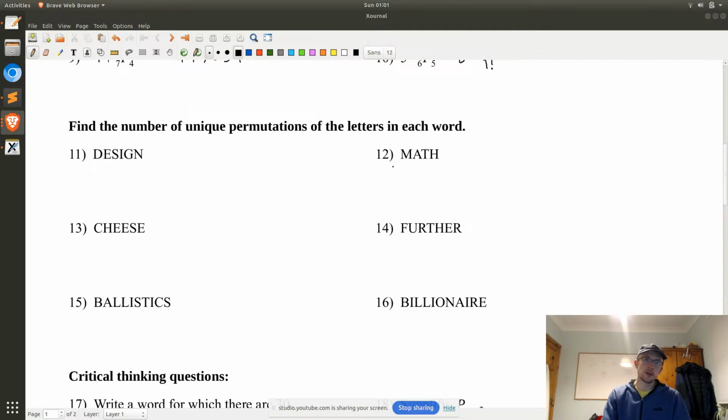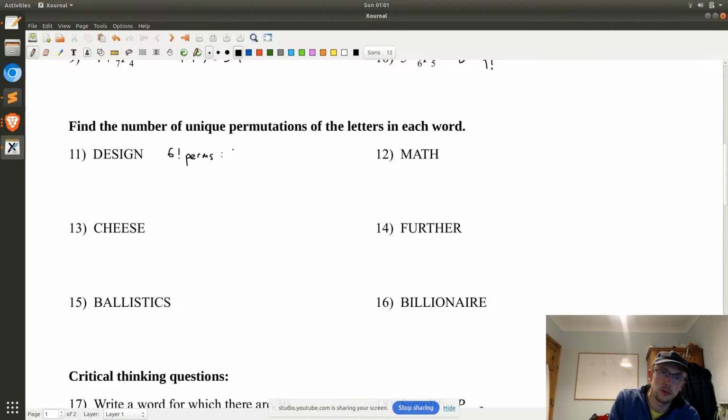Find the number of unique permutations of letters in each word. So no repeats. Six factorial permutations, which is 720. 4 factorial permutations, 24.